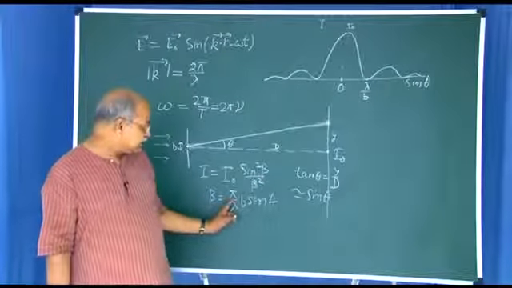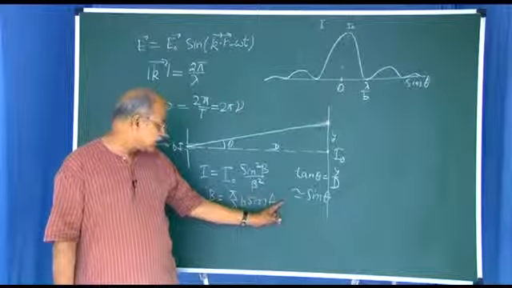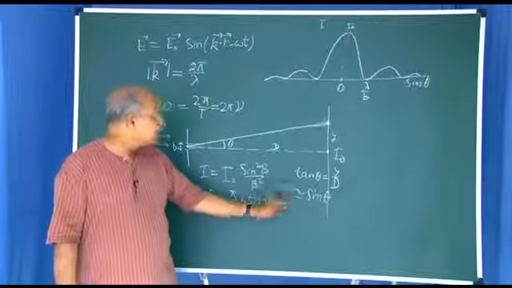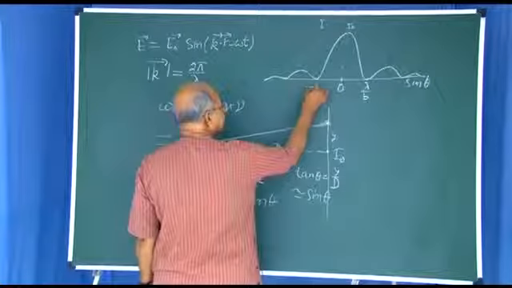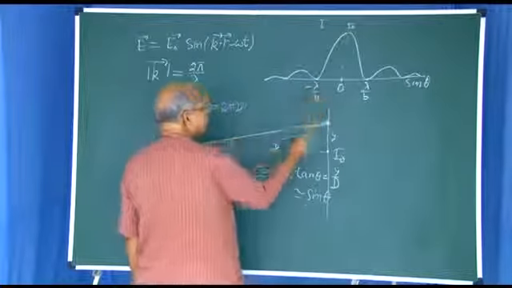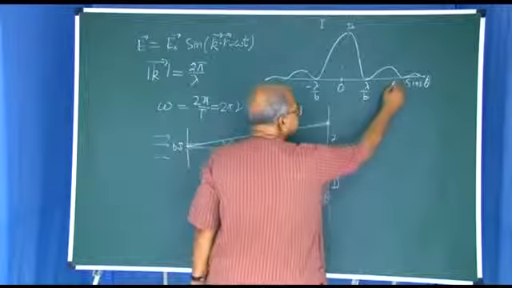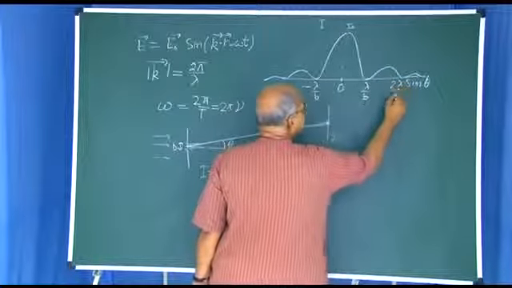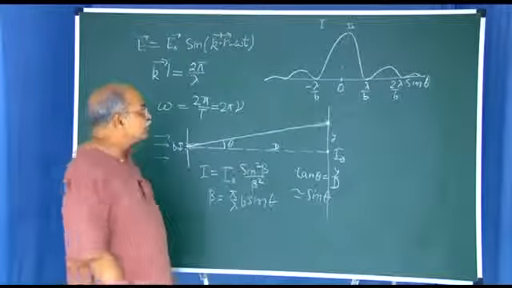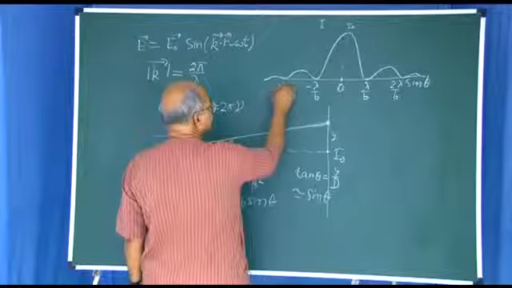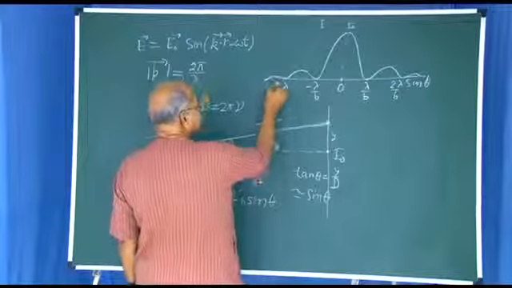So, beta is equal to pi, and therefore sine theta is equal to lambda by b. On this side it is minus lambda by b. Then this is 2 lambda by b, where beta is 2 pi since sine of 2 pi is 0, and so on, minus 2 lambda by b, and so on.